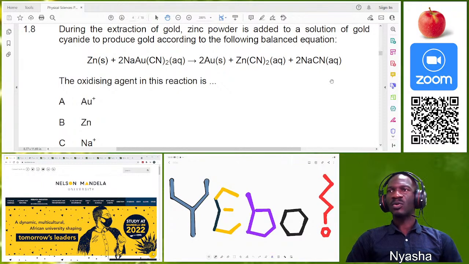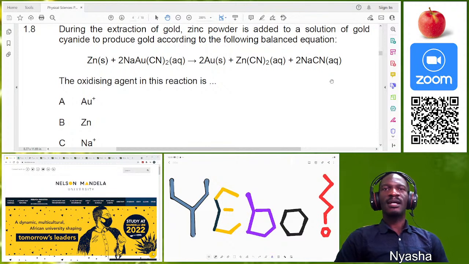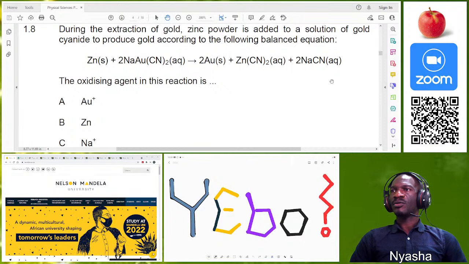So it has some sodium, some carbon, some nitrogen, some gold. This will produce the gold, and then you have your zinc combined with that carbon nitrogen molecule. You also have your sodium with that carbon nitrogen compound as well.